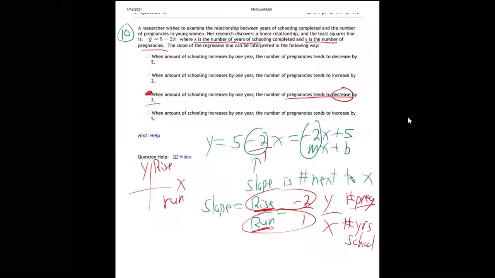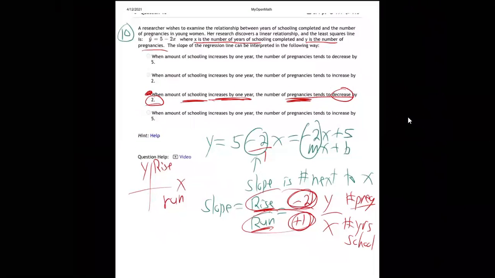It's decrease by 2. -2 on the pregnancies, right? -2 on the y for every +1 on the x. Increase by 1 year. So basically, young women that do more schooling tend to have less pregnancies, less babies. More schooling, less babies. That's what that graph is telling you.